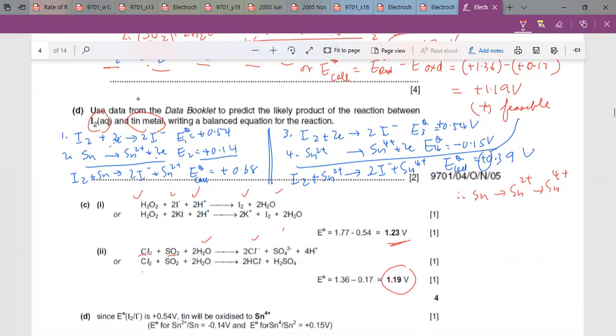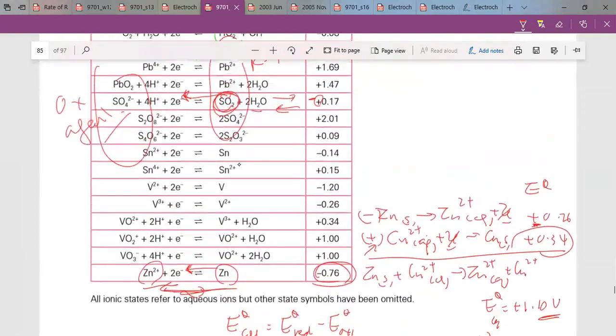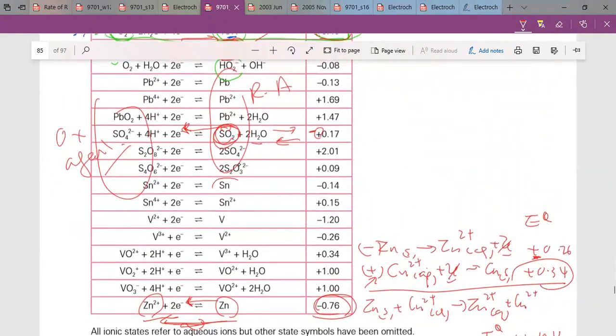Now here is important. You see there are a couple of things. Tin can go to Sn2 plus, or can go to Sn4 plus. Same as vanadium, can go to V2 plus, 3 plus, 4 plus, and 5 plus. So these two, take note, they came up before.